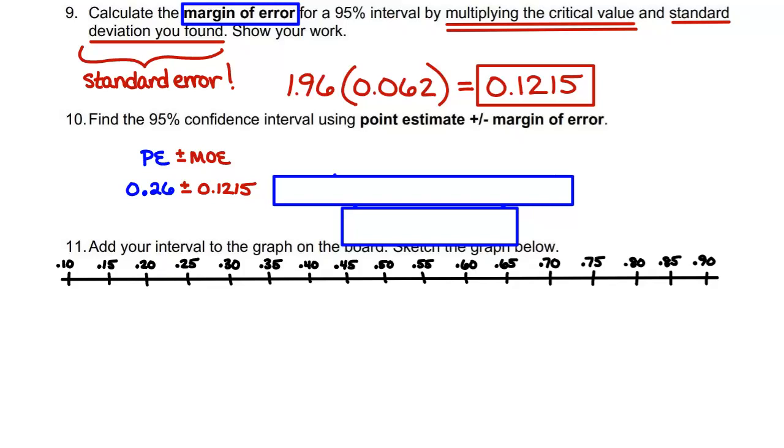I want you to do it for your point estimate and your margin of error. Yours is not going to be 0.26. Yours is going to be whatever your point estimate was from yesterday. And then your margin of error is not going to be 0.1215 like mine was unless you had the exact same point estimate. It should be unique to what you had.